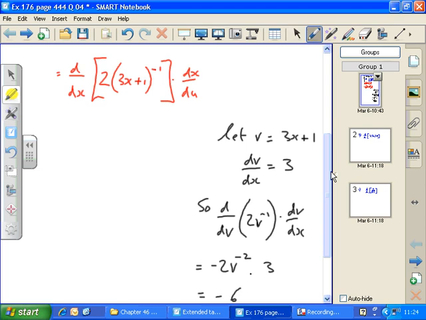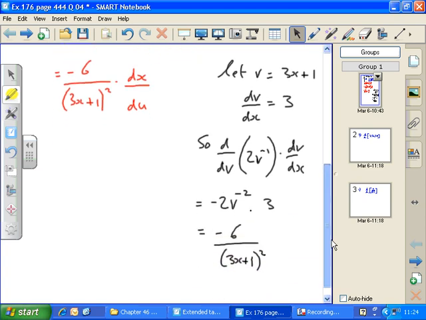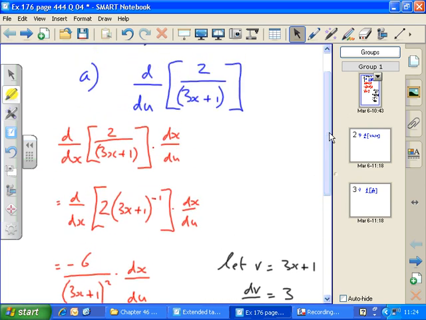So this will then become minus 6 over 3x plus 1 all squared times dx by du. So not very straightforward. Take your time, have a look at it again and see if you can see how it works. We're using the chain rule combined with this idea of implicit differentiation.